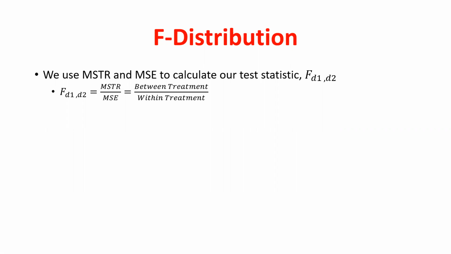Variances are always positive, right? Standard deviations are always positive, right? So if these are measures of variance, we know that this F statistic will always be positive, and it's somehow representing to us the amount of variation we see across the treatments relative to the variation we see within, right?